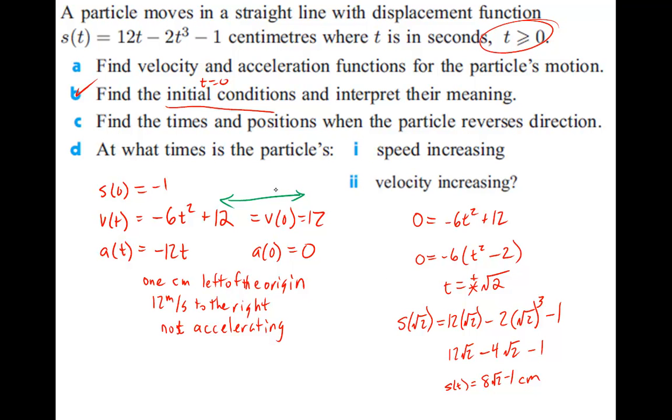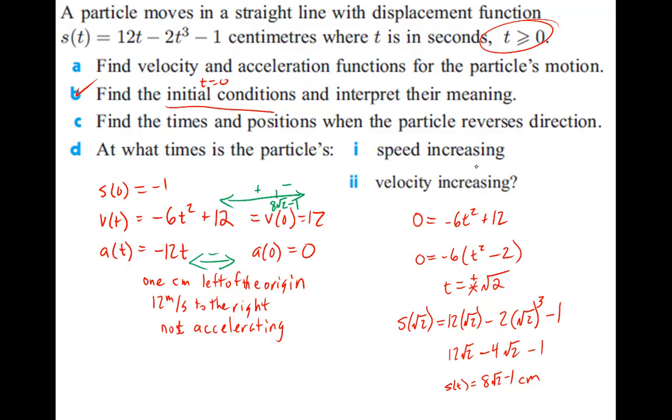So somewhere over here is root 2. Before that, when t is, for example, 0, it's going to be positive. And then as t increases, my velocity is eventually going to become negative, because this is eventually going to be more than 12. So that's velocity. The acceleration is always going to be negative.